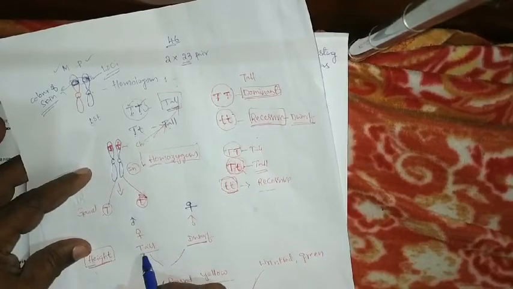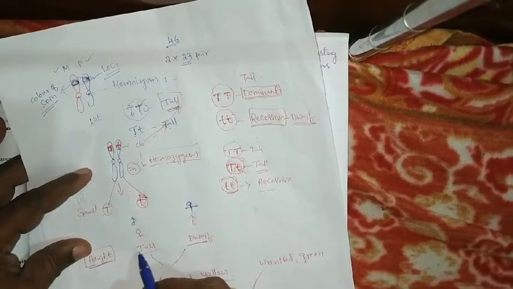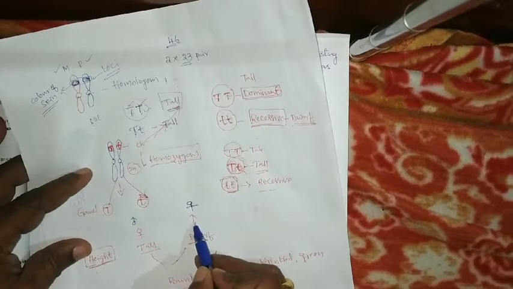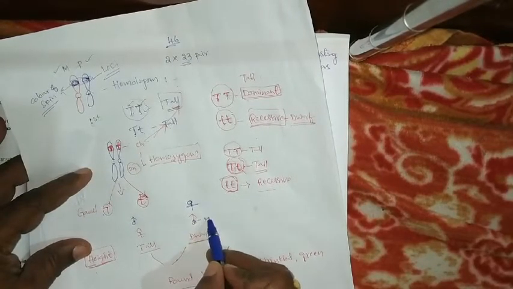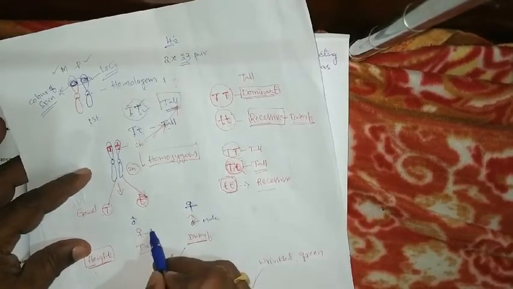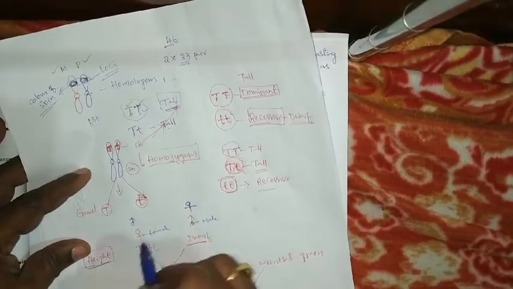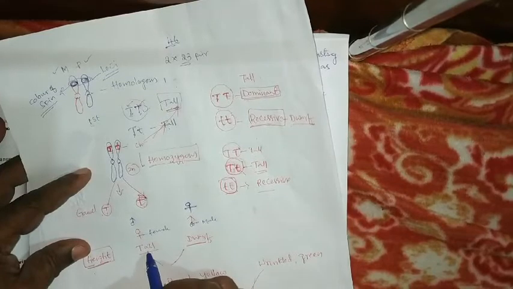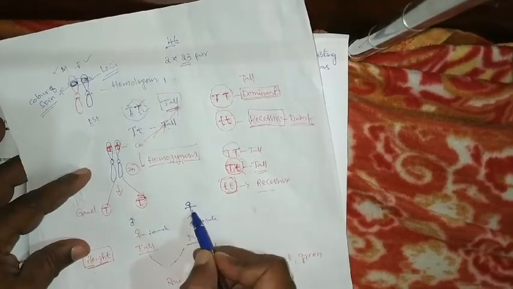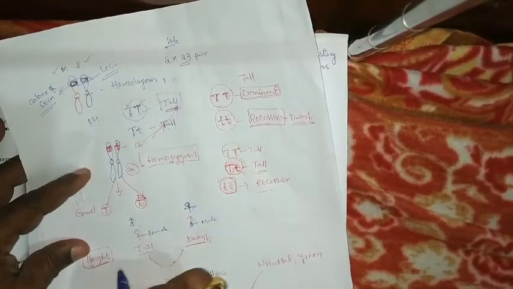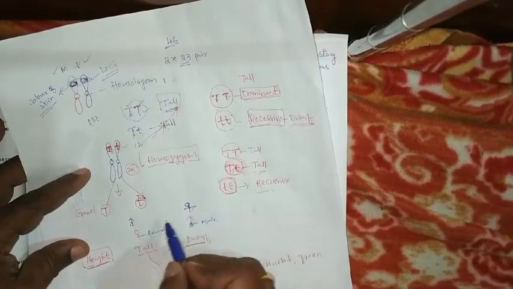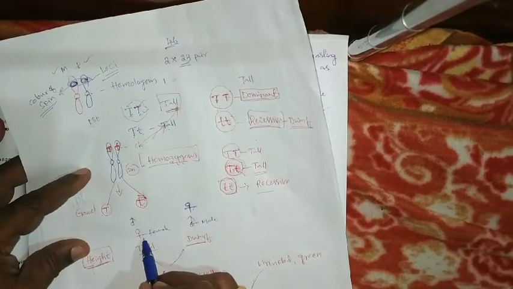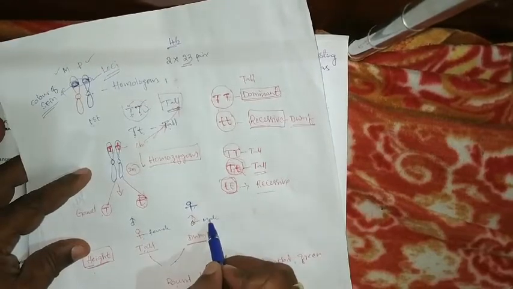So first, a tall male plant is crossed with a dwarf female plant, and next, a tall female plant is crossed with a dwarf male plant.